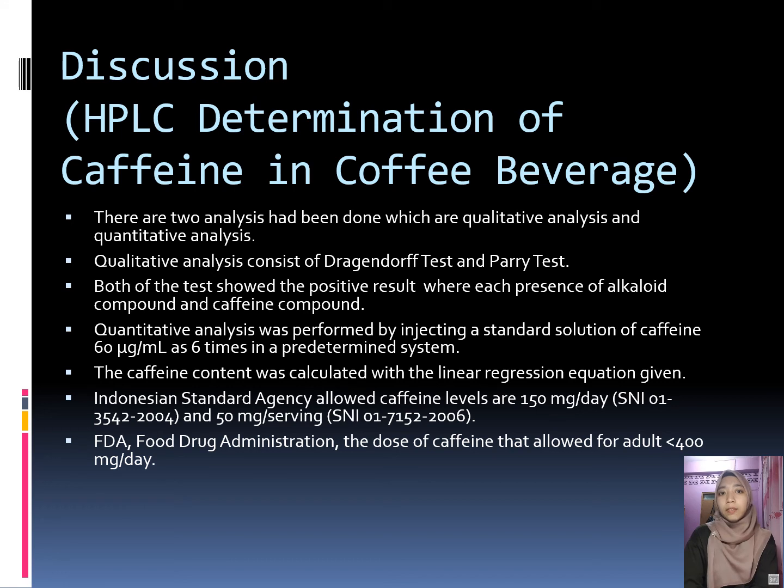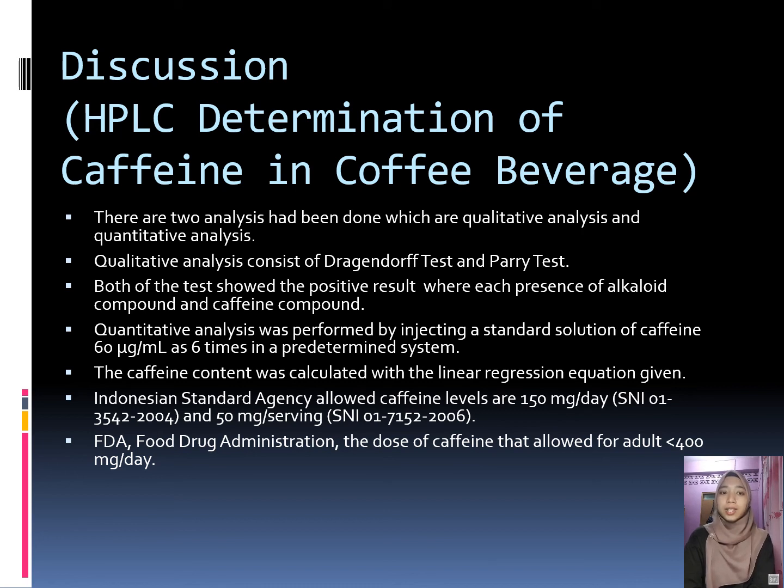Next, quantitative analysis was performed by injecting a standard solution of caffeine, 60 microgram per ml, 6 times in a predetermined system. Concentrations ranging from 40 to 200 microgram per ml were used for linearity tests. Then, the caffeine content was calculated with the linear regression equation given.